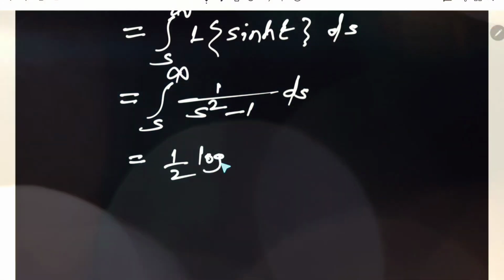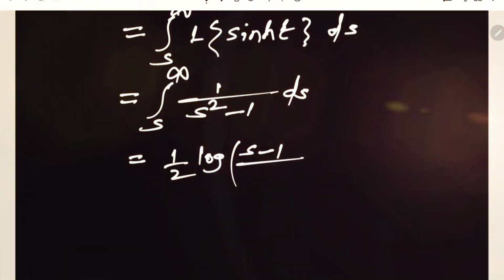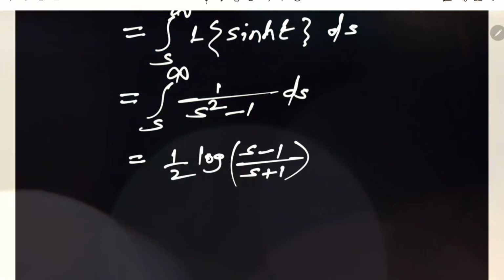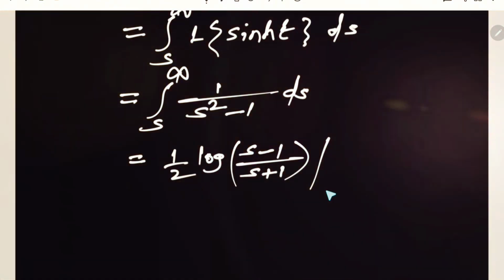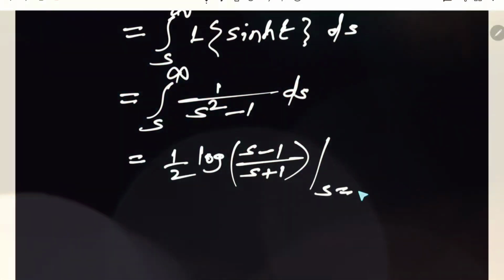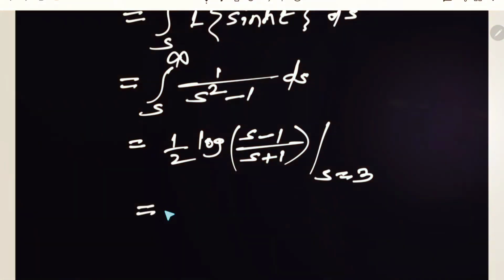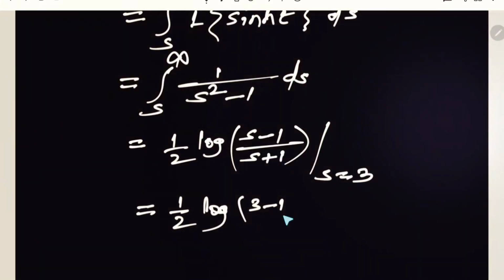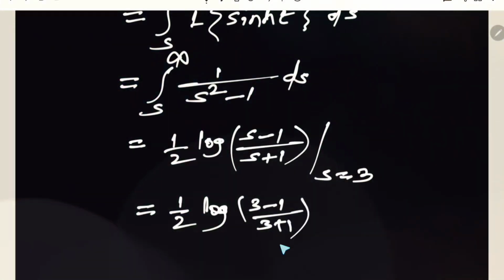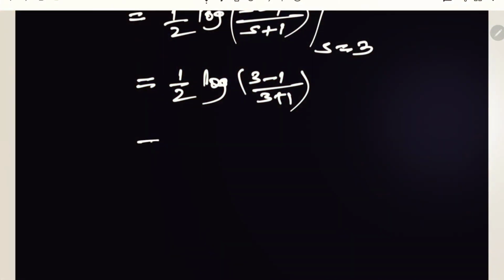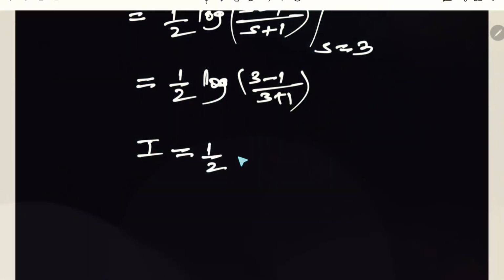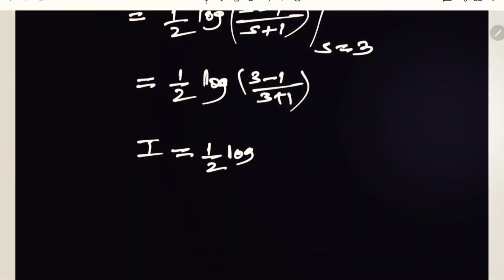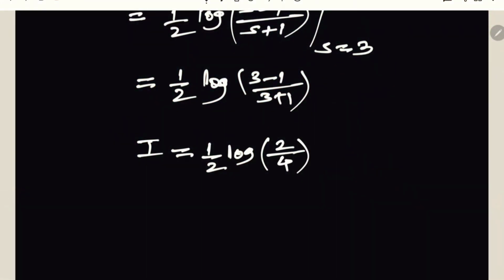Standard result of integration, it is 1 by 2 log of s minus 1 upon s plus 1 at s is equal to 3. Therefore, 1 by 2 log of 3 minus 1 upon 3 plus 1, 1 by 2 log of 2 upon 4, 2 by 4 means 1 by 2.